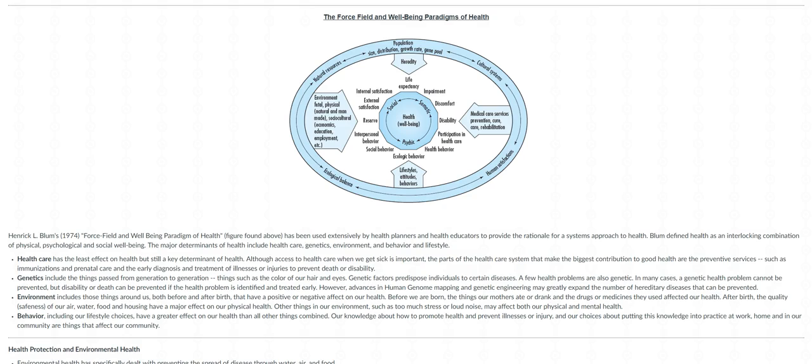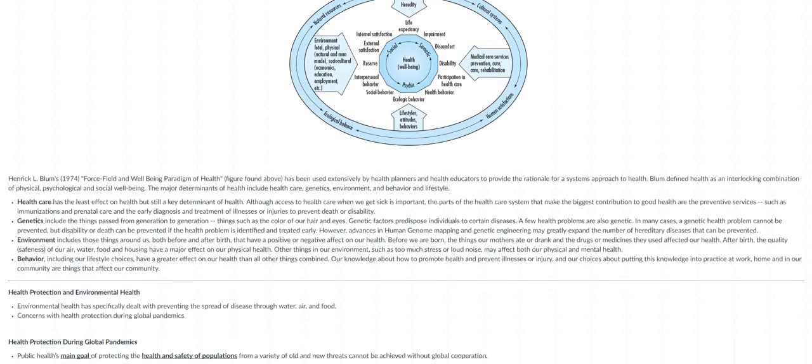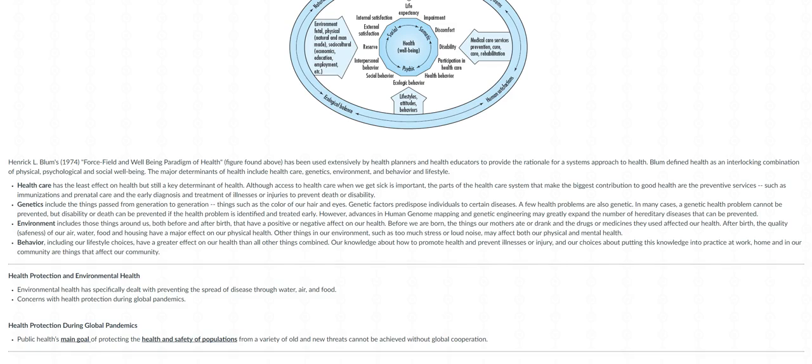It's actually the Force Field and Wellbeing Paradigm of Health by Henrik L. Bloom. And it's really been extensively used by health planners and health educators to provide the rationale for a systems approach to health. It takes a holistic approach, making sure to cover all the corners, covering healthcare as well as genetics, environment, and behavior, when we're looking at an illness or health well-being.